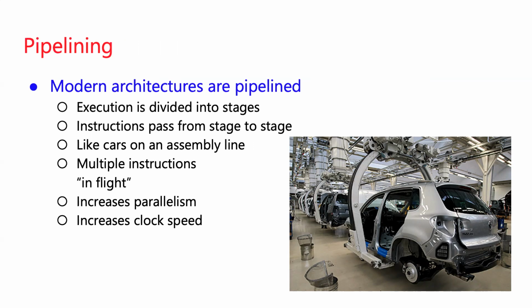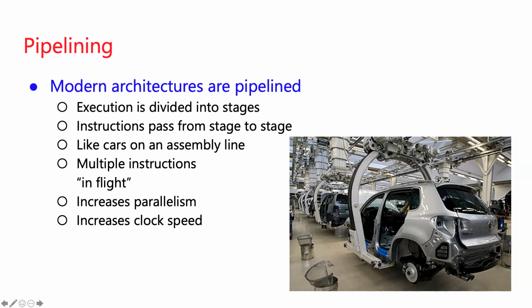They don't really just go get an instruction, do what that instruction says, save the results, and then start the next instruction. They overlap the execution of multiple instructions, kind of like you would if you were assembling cars. You would assemble them on some kind of assembly line. If you got an assembly line of cars, you got one car that's maybe in an early stage of assembly, and the one in front of it maybe is a little more assembled, and the one in front of that is a little further along.